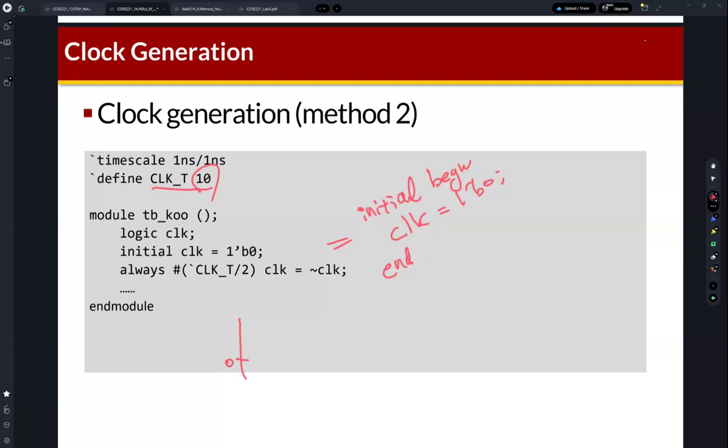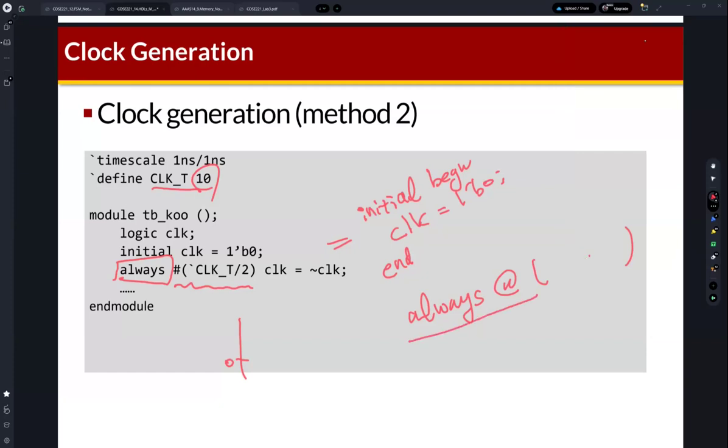Okay. And then you can find the always statement. But you can find some different representation. We learned about the always and at sign, the always at and sensitivity list.